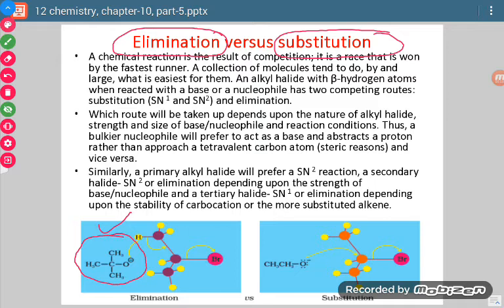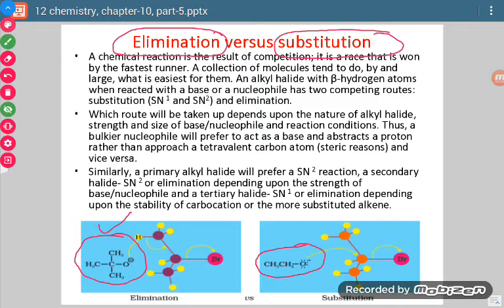But in case there is presence of a smaller group which is going to attack the alkyl halide, then what is going to happen? Since it is a smaller group, substitution may occur because there is less steric hindrance and it can easily get attached with this.